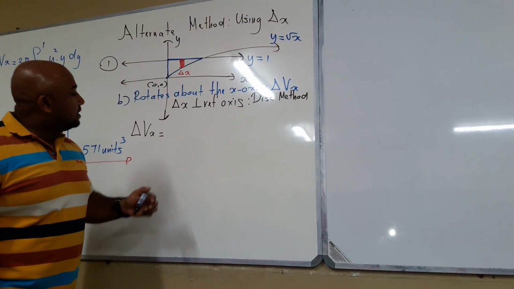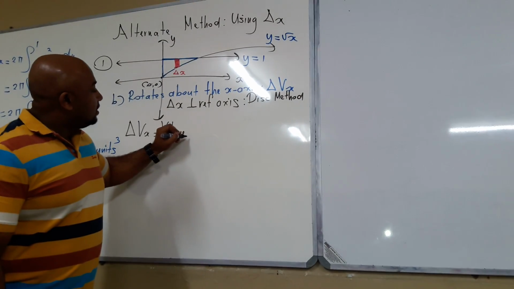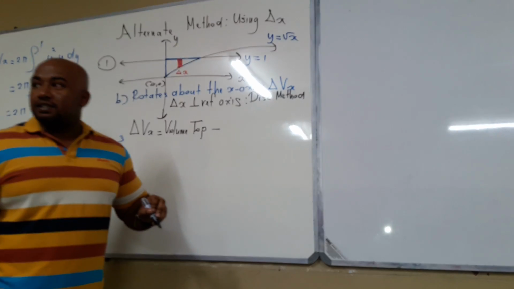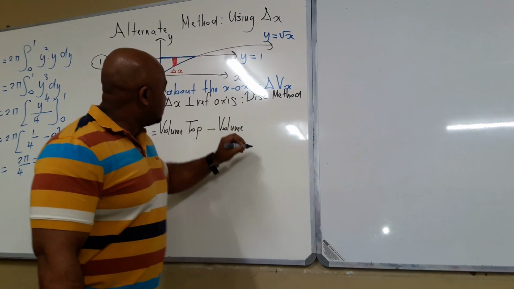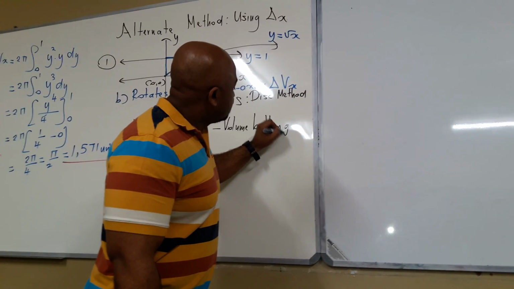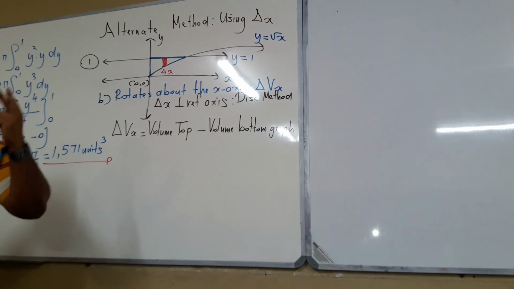So how are we going to deal with this? We are going to take the volume of the top graph minus the volume of the bottom graph, because we are dealing with two graphs.